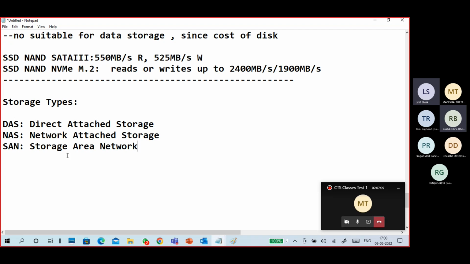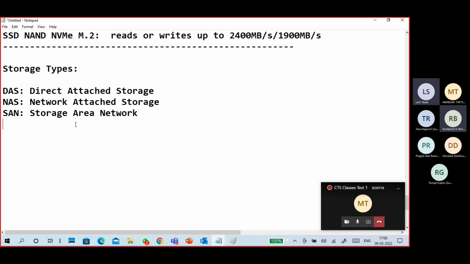Because of this area network, some people put a SAN storage into LAN, WAN kind of stuff. They put a SAN there, but it is related to storage, not to the networking part. Of course, networking is inside, but the main concept is storage.